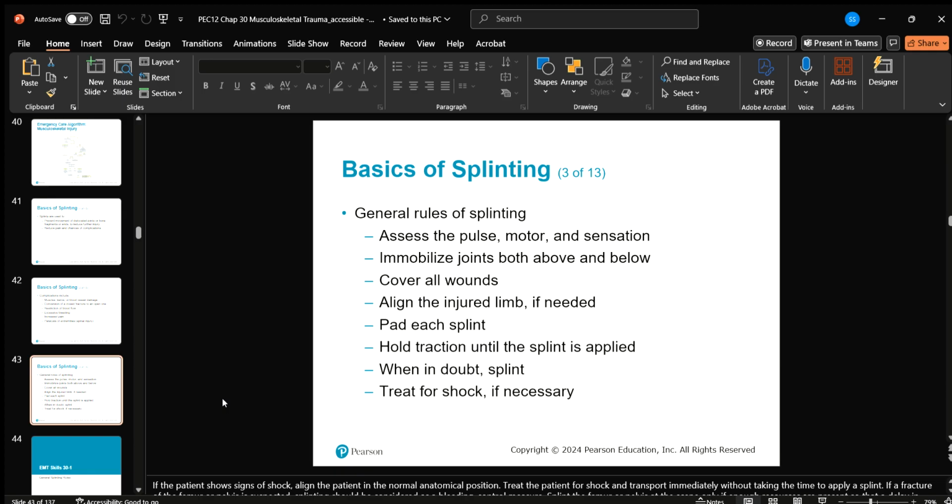We're going to assess PMS, cover the wound, and align the limb if possible. Remember, you only get one shot at it. Hold traction until the splint is applied, especially for the femur. You've seen the traction splint. The traction splint is exclusively for a femoral shaft fracture.